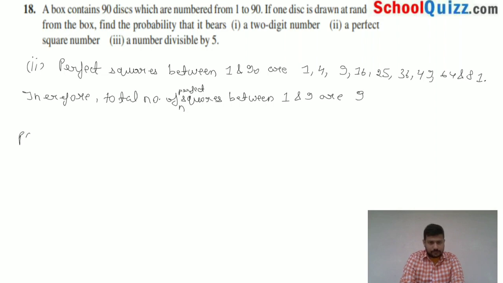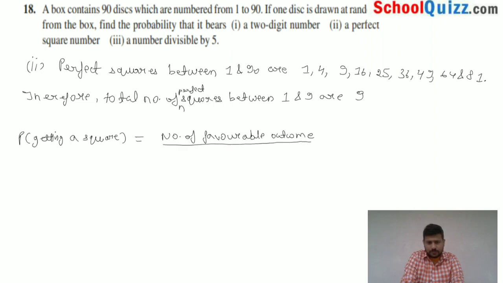So the probability of getting a square is number of favorable outcomes upon number of total possible outcomes, which is equal to 9 by 90, which can also be written as 1 by 10.